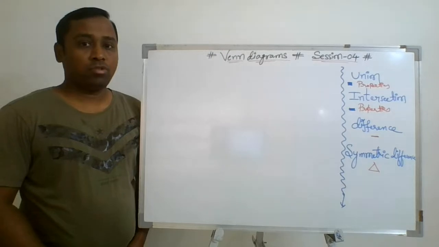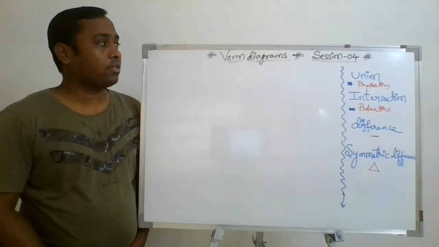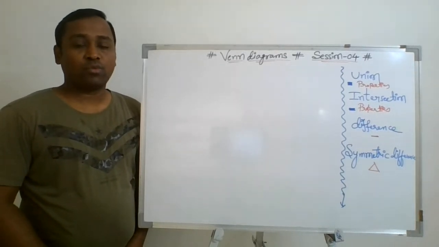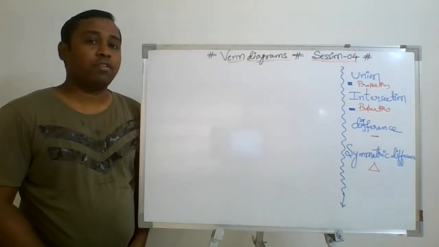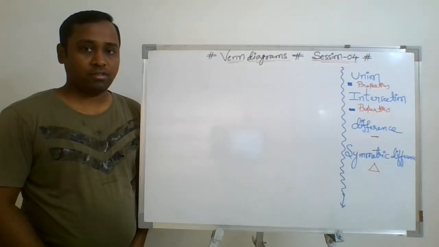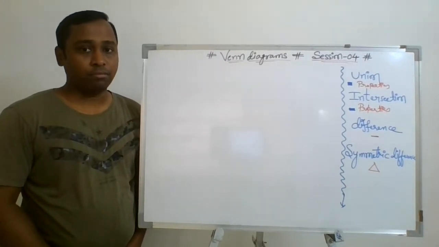Now, in this session 4, in the sets topic, we are going to understand the Venn diagram concept today. It's a very interesting concept in set theory which was developed by John Venn to understand operations like addition, subtraction, multiplication of numbers.